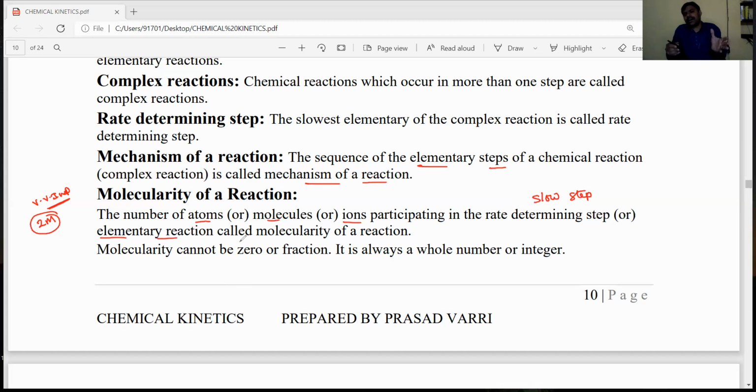In elementary reactions, all the atoms or molecules or ions present are involved in the chemical reaction. The same applies in complex reactions: the rate determining step is known as the slow step. In that slow step, the number of atoms or molecules or ions participating is known as the molecularity of a reaction.